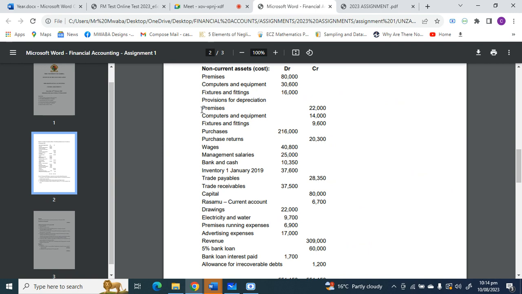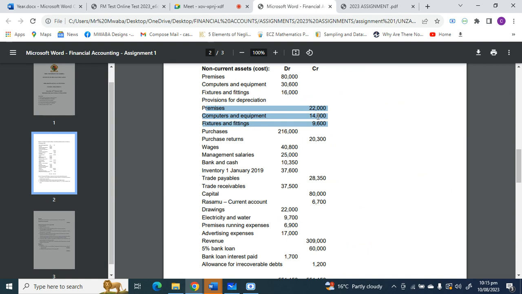Yes. So this is the accumulated depreciation here. This balance is for accumulated depreciation. Premises is a non-current asset. So this is the amount for premises, 80,000 here. Okay. So I want you to take note of this, colleagues. When you see non-current assets with credit balances here, this is the accumulated depreciation or the allowance for depreciation.